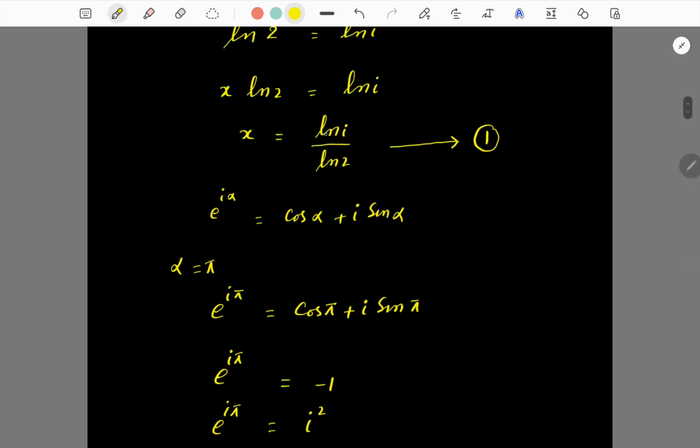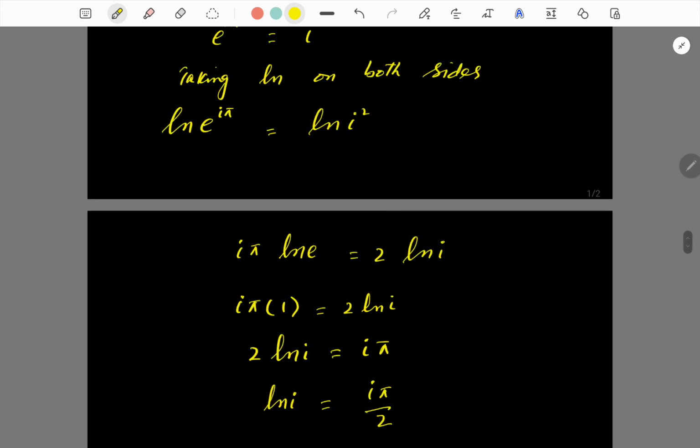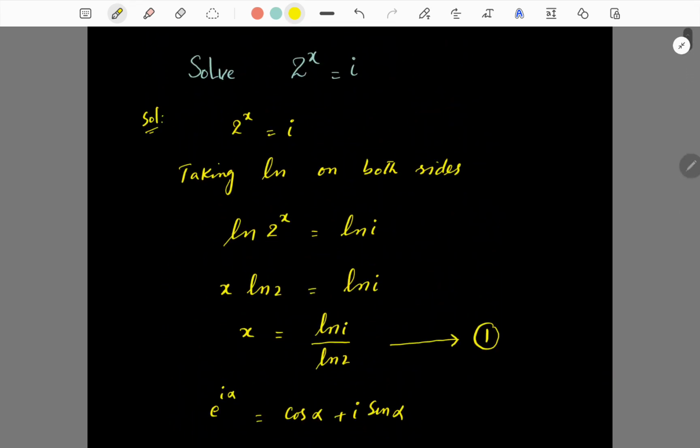Substituting this value of natural log of i in equation number 1, we will get x is equal to natural log i value, which is iota pi by 2, divided by natural log of 2.